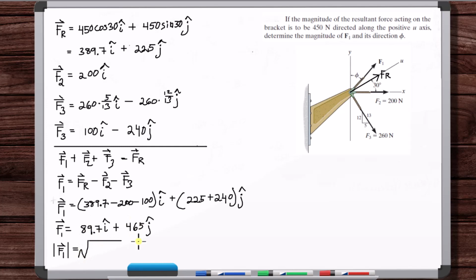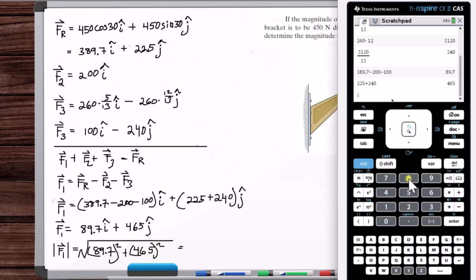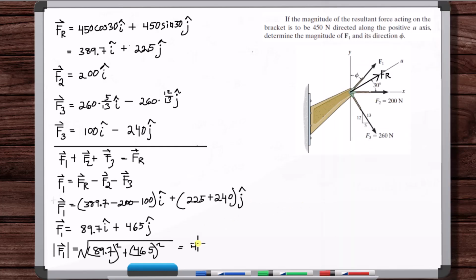So 89.7 squared plus 465 squared. 473.6 newtons.